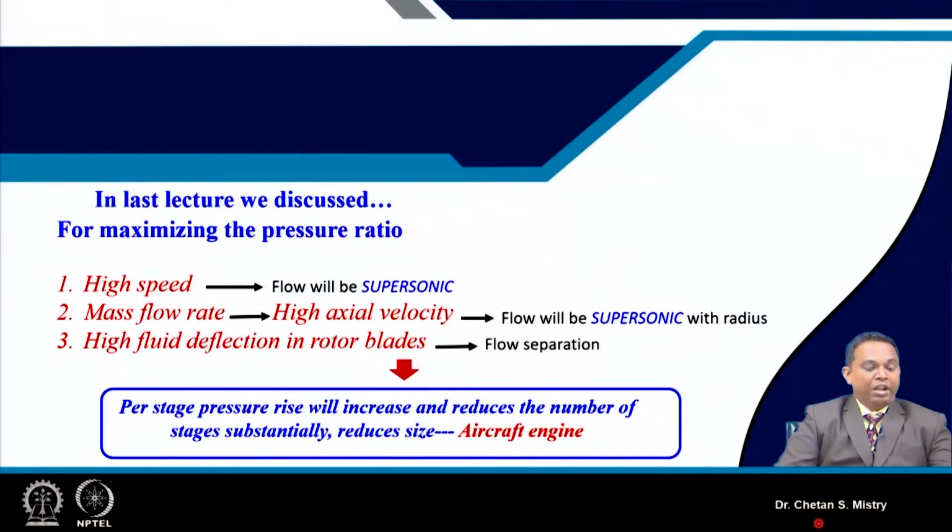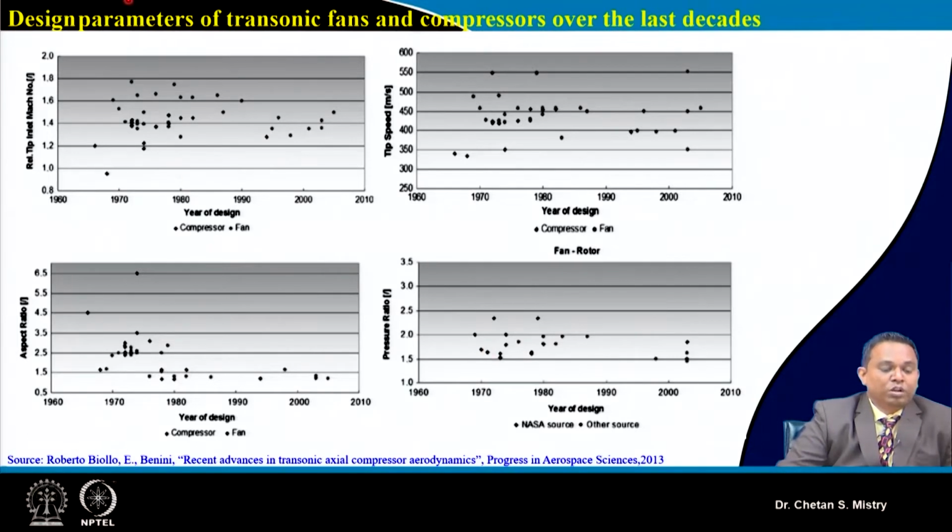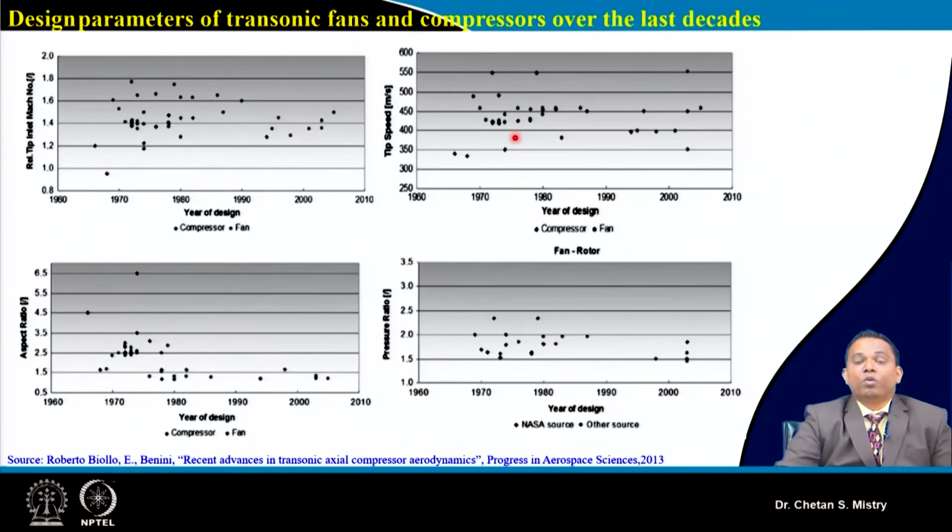Now this represents the trend for transonic compressors and fans. This represents the inlet relative Mach number. Around 2000 we can see the inlet relative Mach number, both for compressor and fan, coming to be on the larger side. In the same way, the tip speed is also on the higher side.